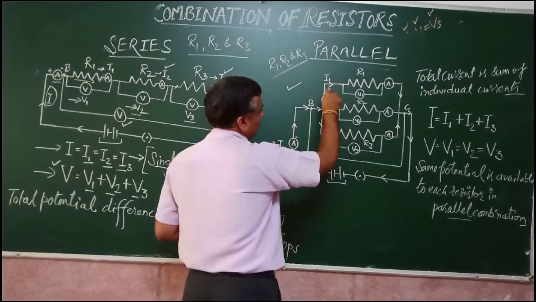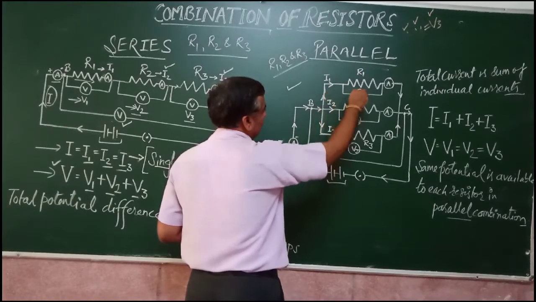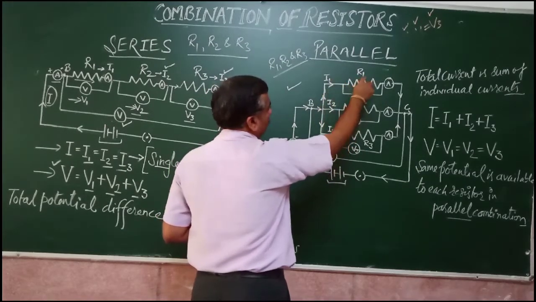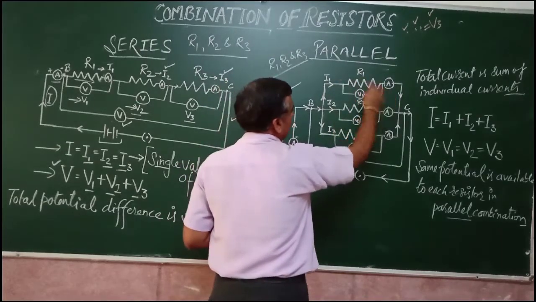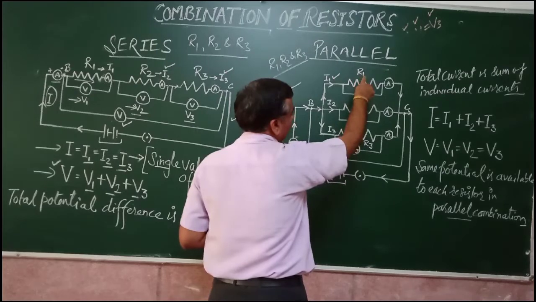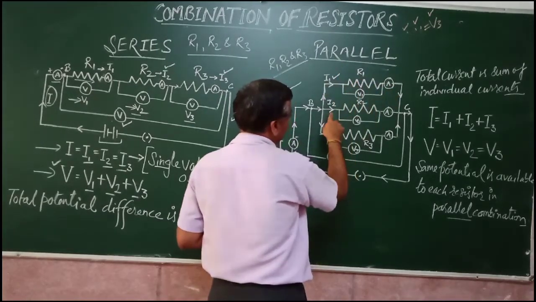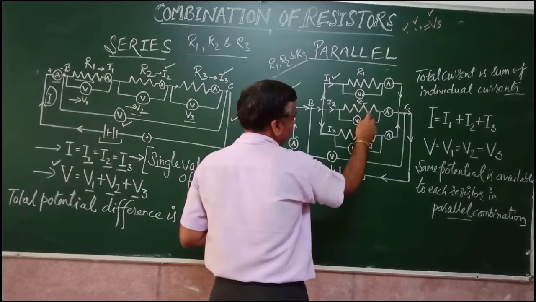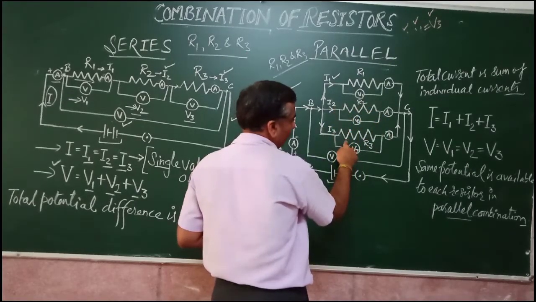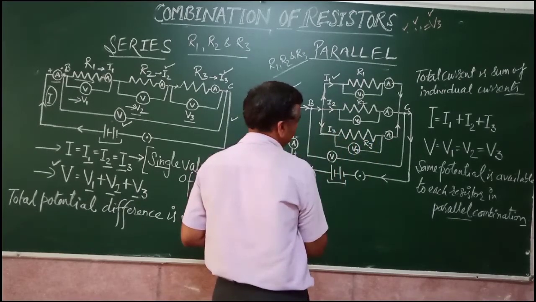The current flowing through R1, measured by this ammeter, is I1. Similarly, the current flowing through the second resistor measured by this ammeter is I2, and the current flowing through R3 measured by this ammeter is I3.